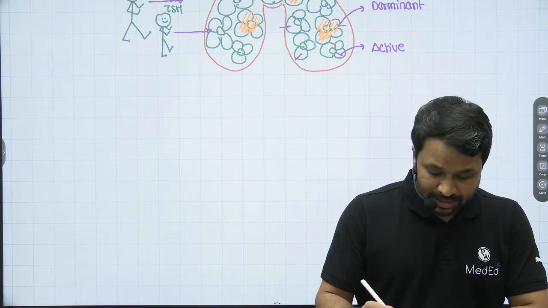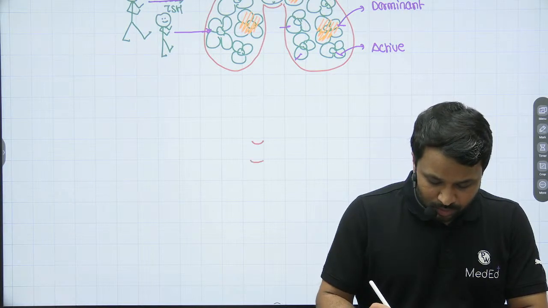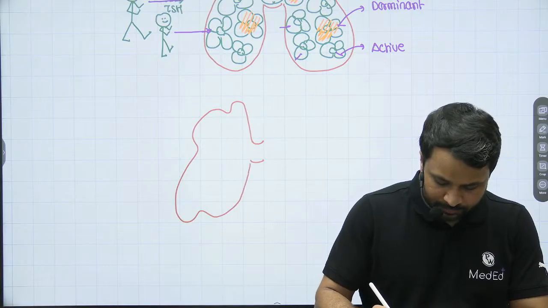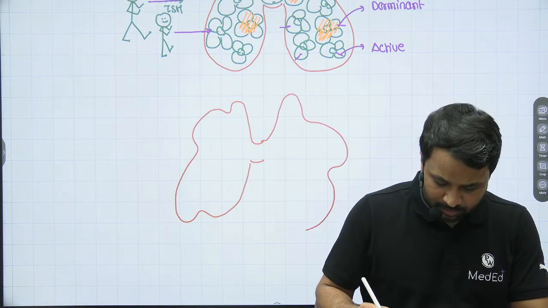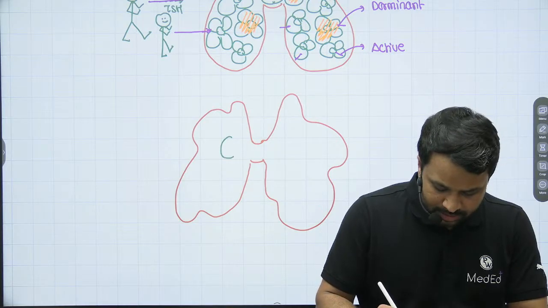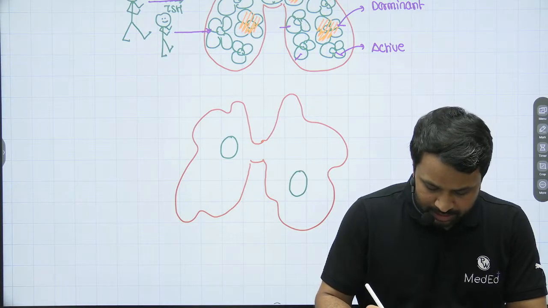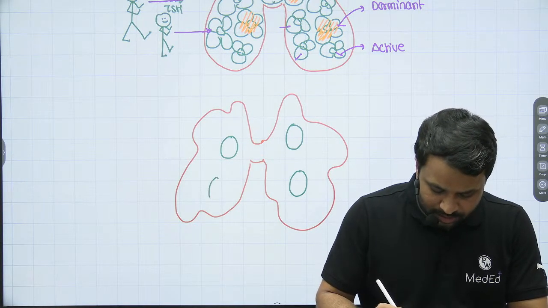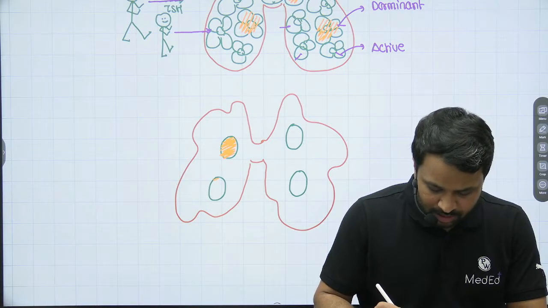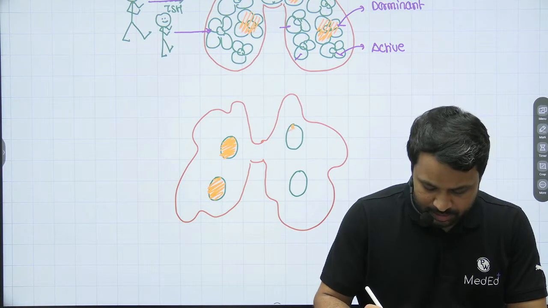Now as it continues to proliferate, you will notice the gland is going to become a bit distorted. Why is it going to become a bit distorted? The follicles which are inactive, the follicles which are dormant, will not be able to proliferate. So here are the dormant dead follicles which are present.